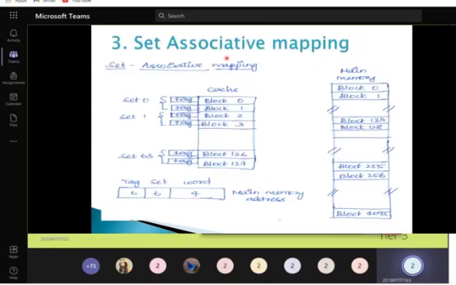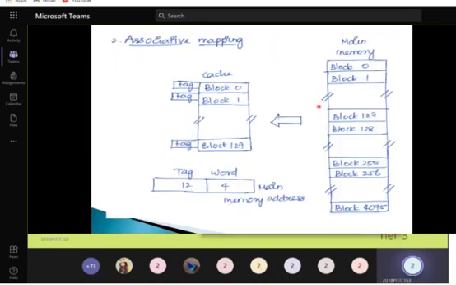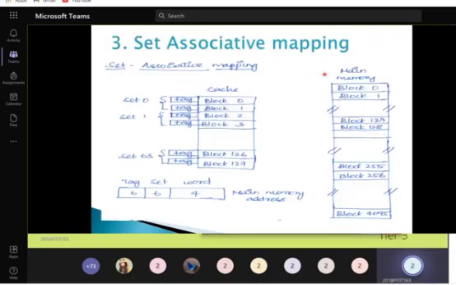The third one is set associative mapping. In set associative mapping, the blocks from the main memory will be sent to the cache, but here I group them in pairs.